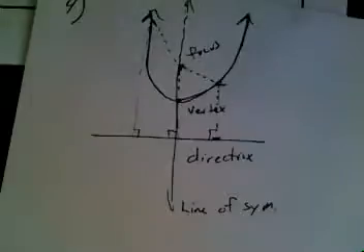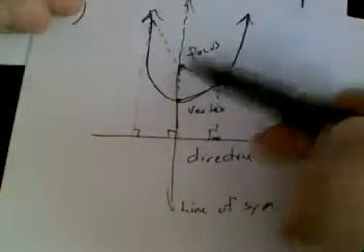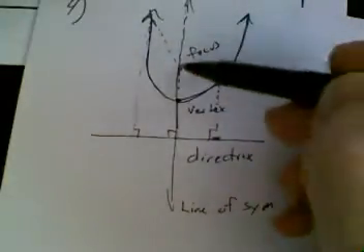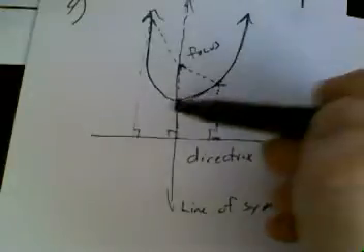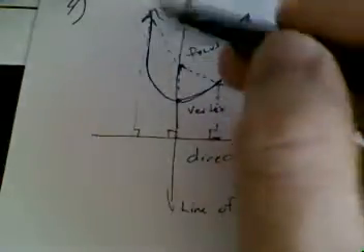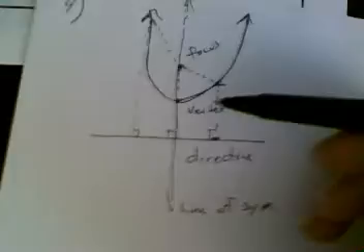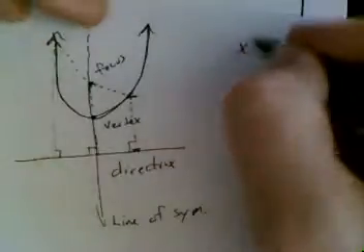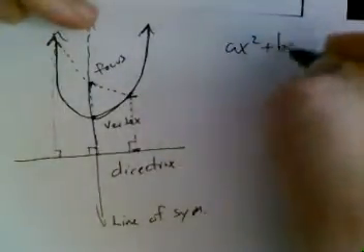Now notice this is the same as an equation that would be a quadratic. Notice the difference between a quadratic and a parabola. A parabola is the physical definition: the distance between the focus and the directrix is equidistant, and that set of points creates the parabola. Whereas a quadratic is specifically ax squared plus bx plus c.